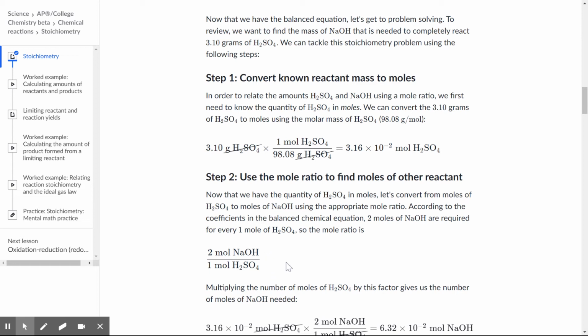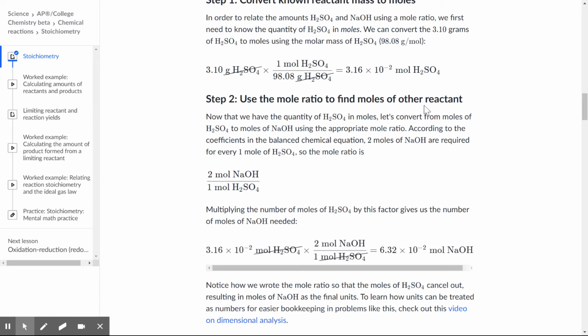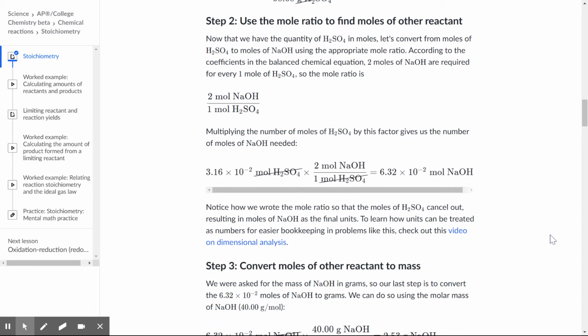That's the mole ratio. So I do know that if I have this many moles of this substance, I am going to need twice as many moles of the other. So I essentially take how many moles I need of this substance and multiply it with 2, because the ratio is 1 to 2.